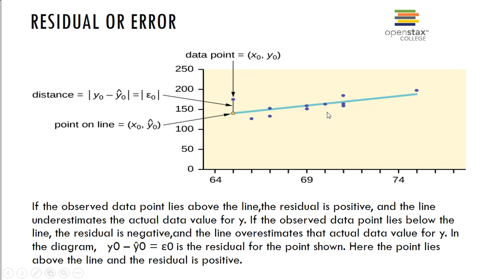This one right here is a positive number because this is a positive value, but this line is not giving this point all of the credit it deserves, kind of. And for this one right here, this is below it, and it's overestimating what it should be. Again, this is the residual, this line right here.